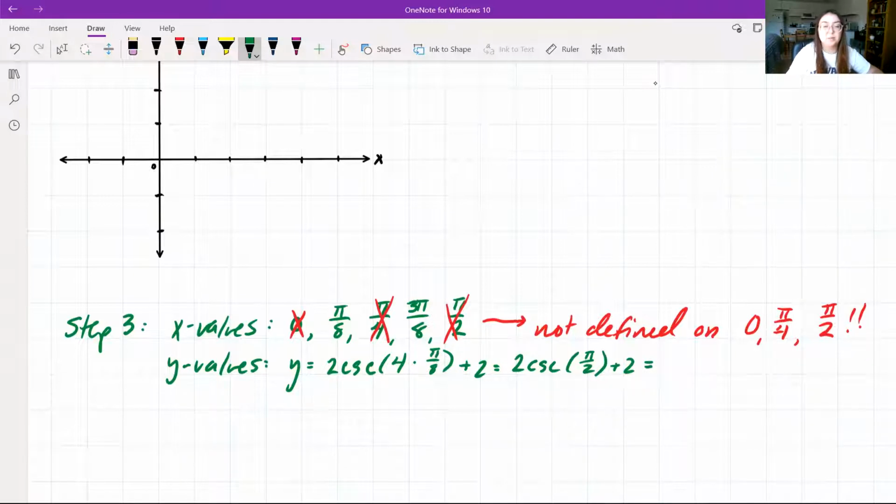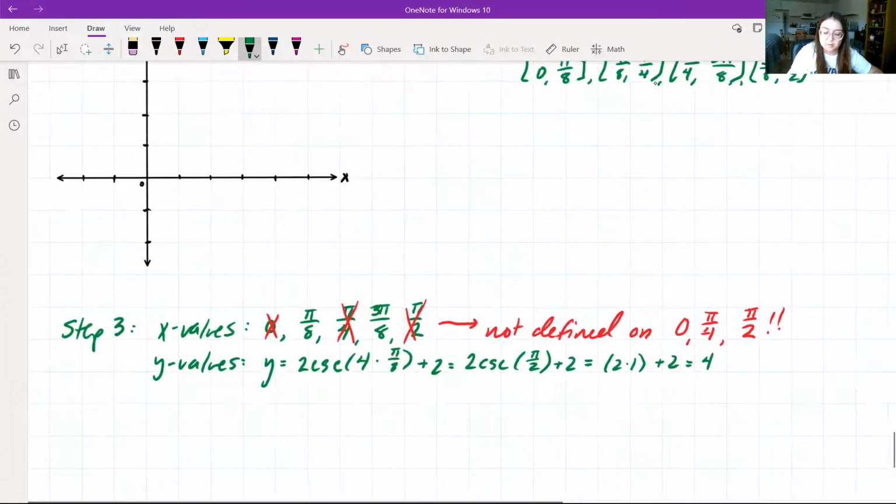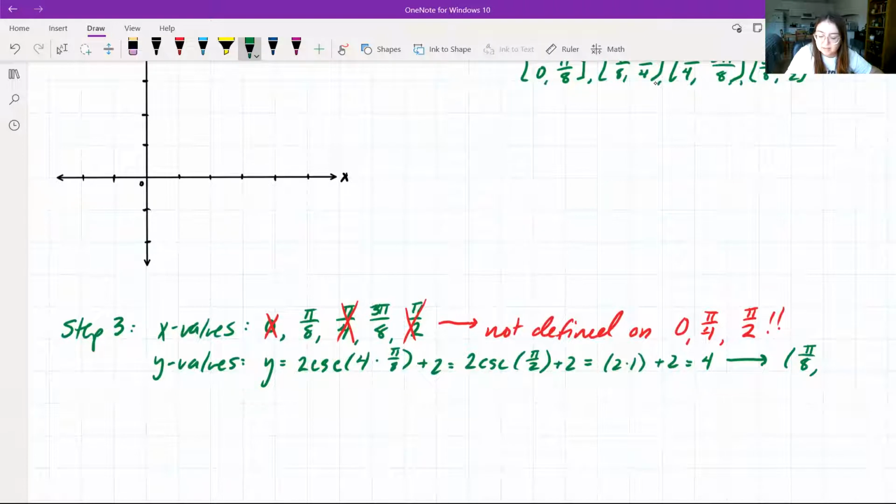Cosecant of pi over 2 is going to be 1. So we really just have 2 times 1 plus 2, which simplifies down to 2 plus 2, which is 4. So we'll zoom out a little bit. This means that our key point is going to be at pi over 8 and 4.